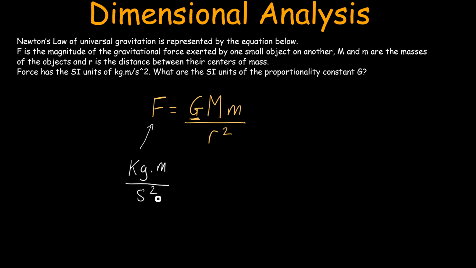And if we were to write these as dimensions, we would get mass for kilograms, for meters we'd get a length, for seconds we'd get a time, so that would be time squared. And for dimensional analysis, for all equations, the dimensions on both sides of the equations must equal.